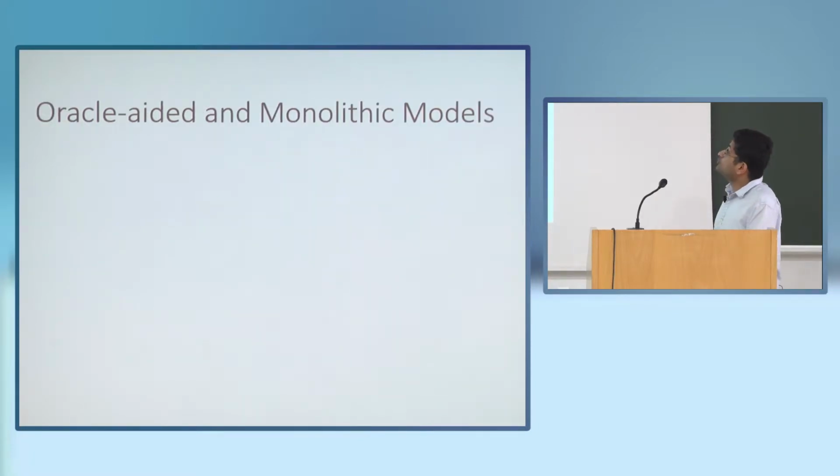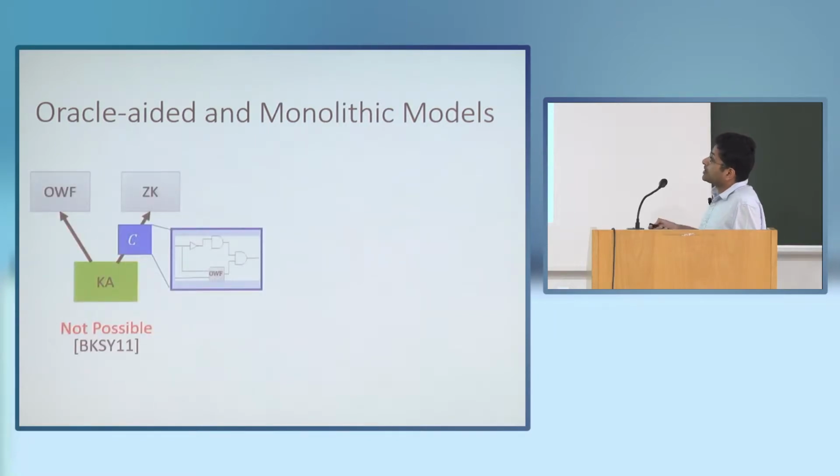Okay, so this comes to just formalizing the model a bit further. The setting where we're planting one-way function gates in the circuit that is being fed to another primitive. So for example, let's say you were trying to see if you can realize key agreement given one-way functions and zero-knowledge proofs that make non-black box uses of one-way functions.